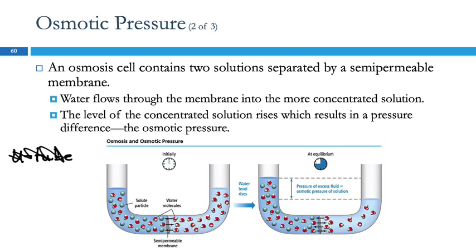As time goes on, the water molecules are able to go through this membrane, but the solute particles are not. So water molecules are going to go from the left to the right. Water molecules are also going to go from the right to the left.